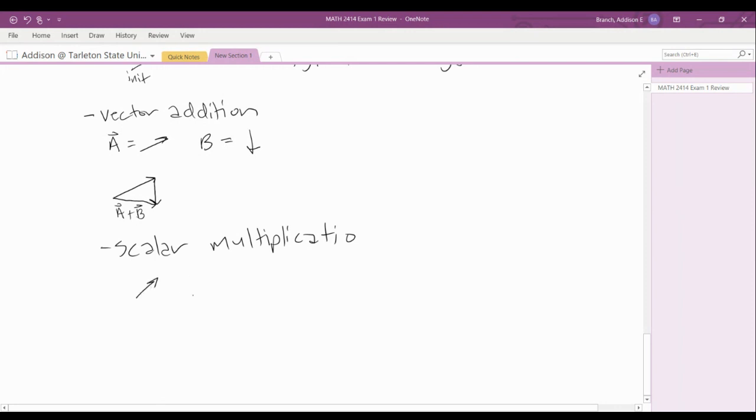So if we have A, then this would be 2A. Or if we're doing negative scalar multiplication, of course we just flip it 180 degrees. And once again, if you're working with components, you just distribute that scalar across all of your components.